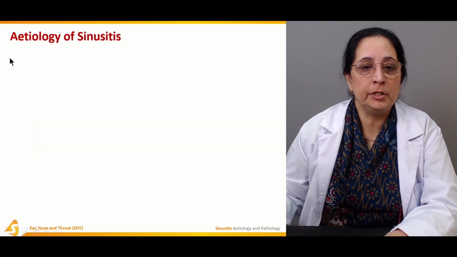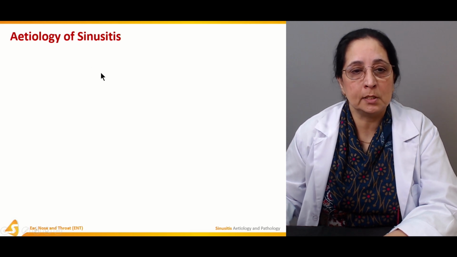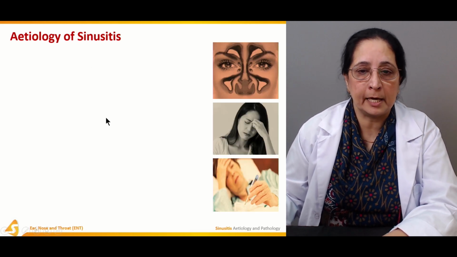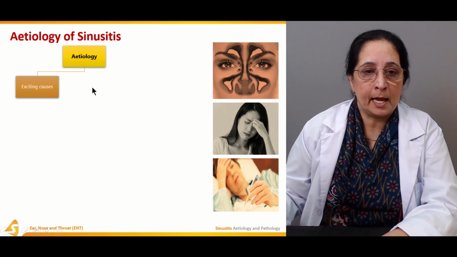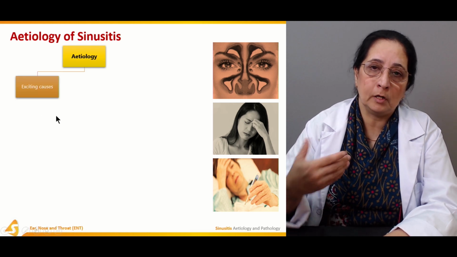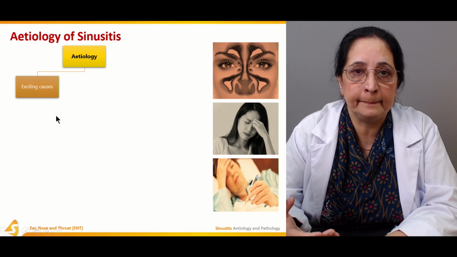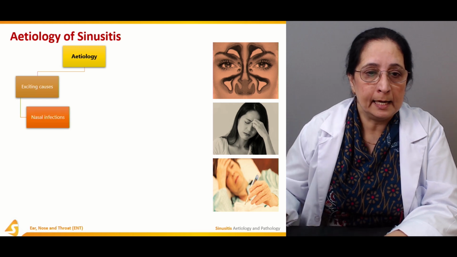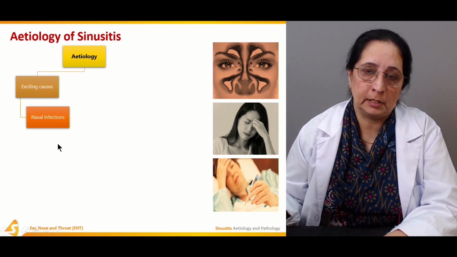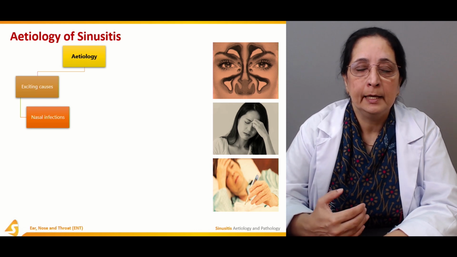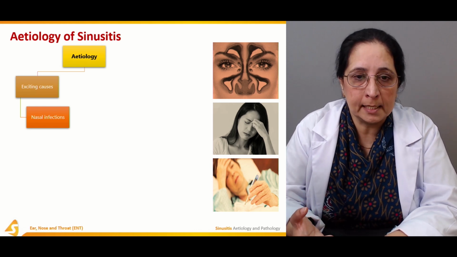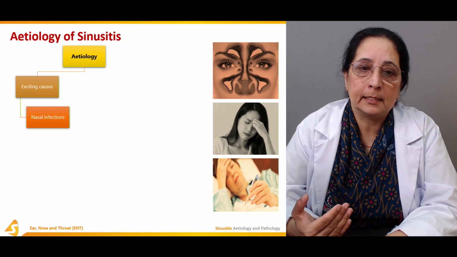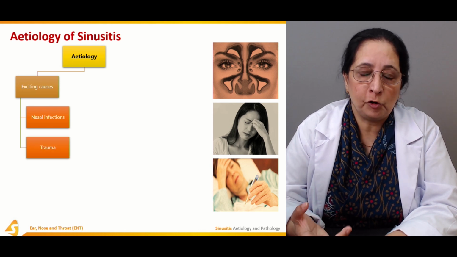Then the etiology of sinusitis. What are the causes of sinusitis? We have exciting causes that can cause sinusitis, like nasal infections. Any nasal infections can spread to sinuses and cause sinusitis. Then trauma.